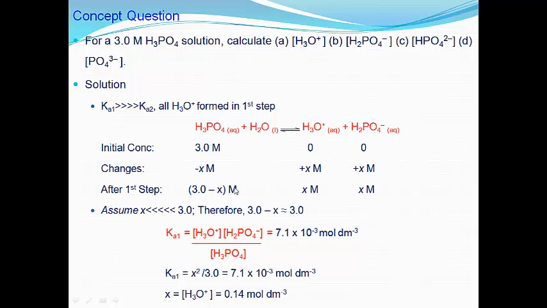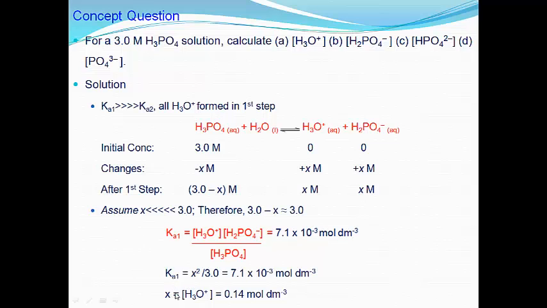And therefore, if we were to now plug in our values in our equilibrium constant, which is Ka1, which is the concentration of H3O+ times the concentration of H2PO4- over the concentration of H3PO4, which is equal to 7.1 times 10 to the minus 3 mole per dm cube, then we can essentially find x from there.